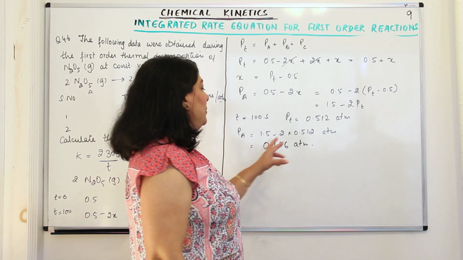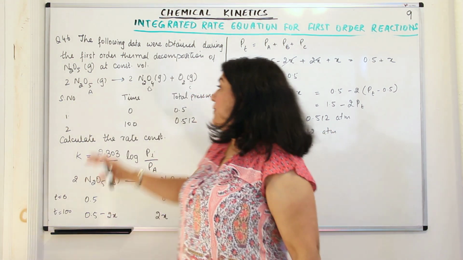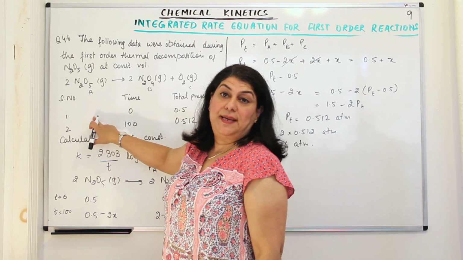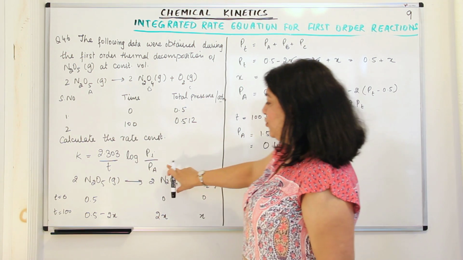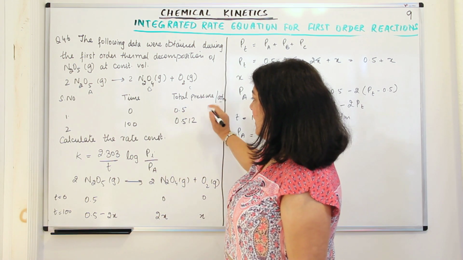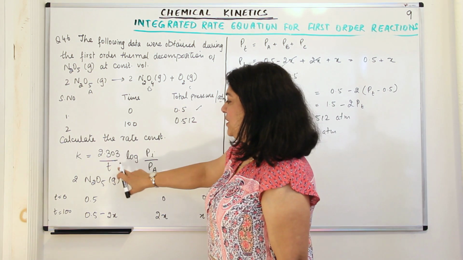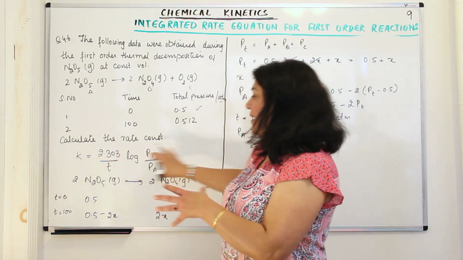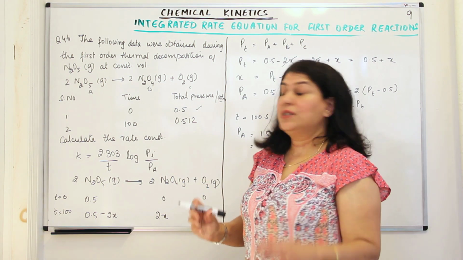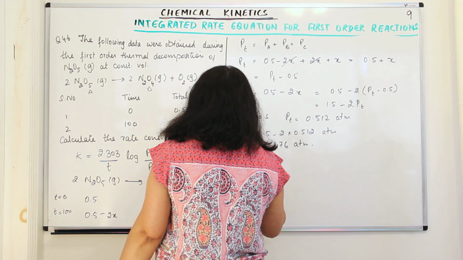This is the partial pressure of the reactant at time t. Now we have all the values. We have PA, we have PI. PI is this, PA would be this value, and 2.303 T given to us is 100, and we can now substitute all the values in this equation. So from this we'll calculate K.